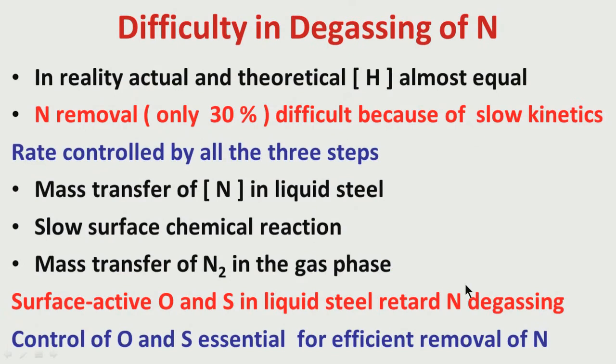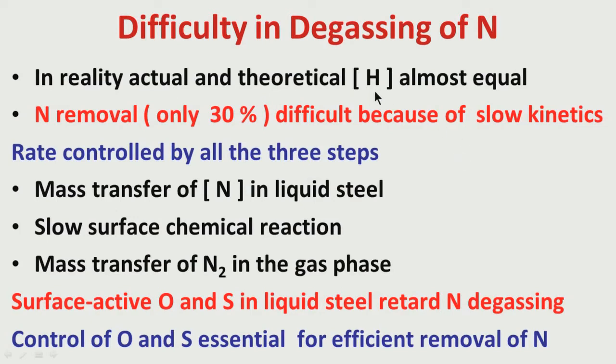So, if we now talk of kinetics, we will find that for hydrogen, whatever theoretical hydrogen solubility you have calculated, the actual hydrogen is also more or less similar. That is not much of a problem.